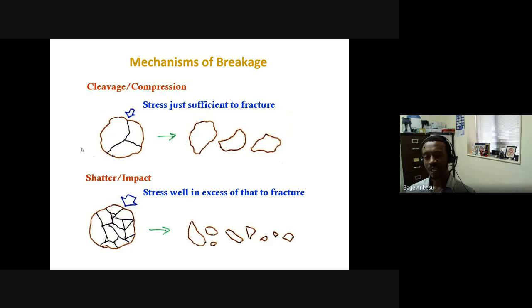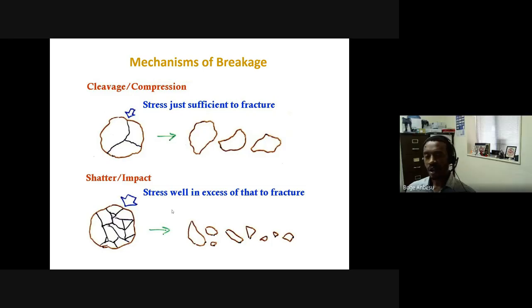So when we say cleavage or compression, the idea there is to apply just enough force to make a fracture, and basically we're targeting splitting the rock into a few pieces. Maybe you have a large rock which is split into 3-4 smaller pieces, and that's the idea of compression or cleavage.